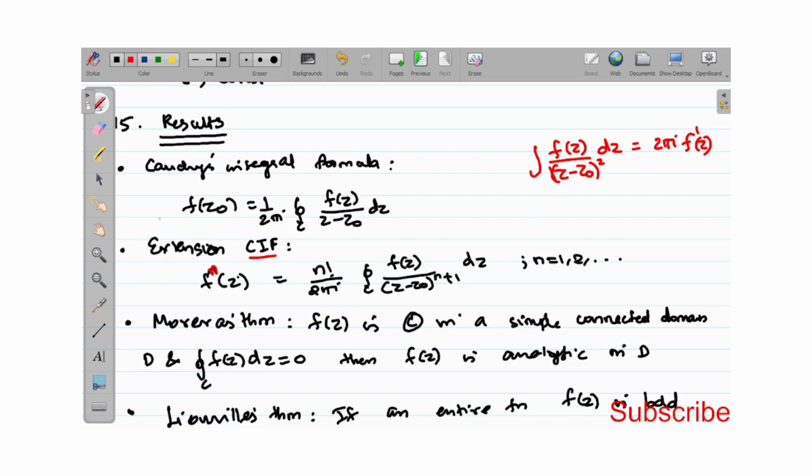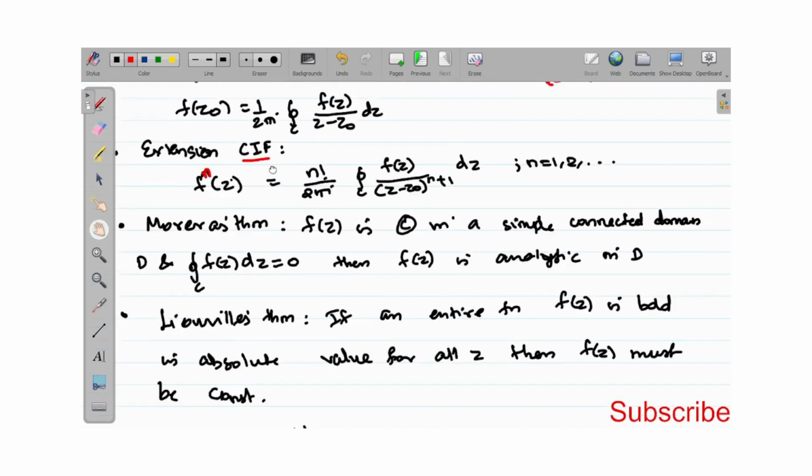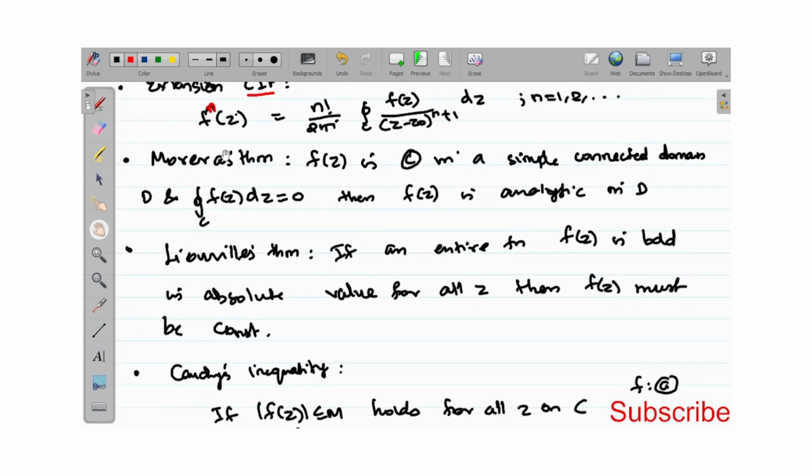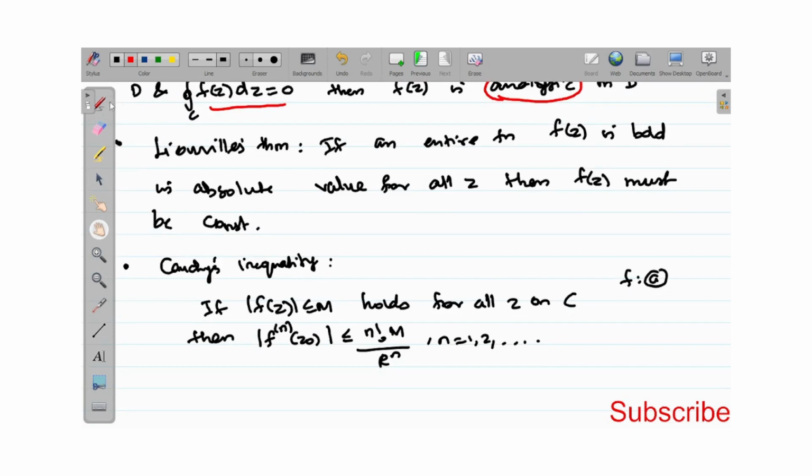Now Morera's theorem: f(z) is continuous in a simply connected domain and the integral is equal to 0, then we can say that f(z) is analytic in D. This is Morera's theorem. Liouville's theorem: f(z) is an entire function and also bounded, then f(z) is constant.